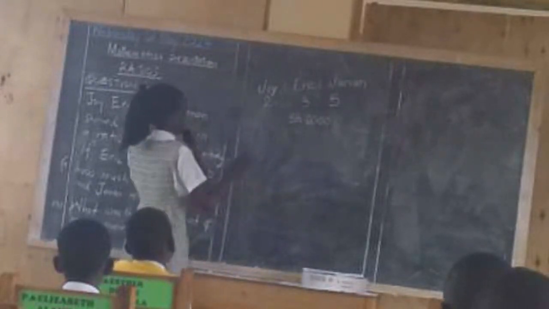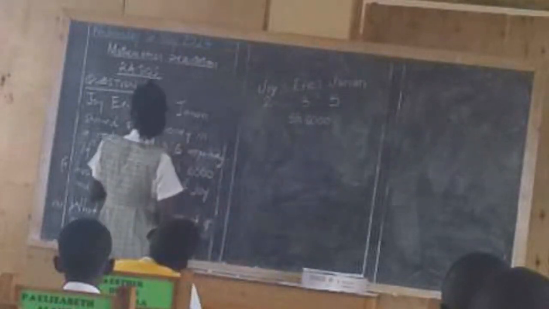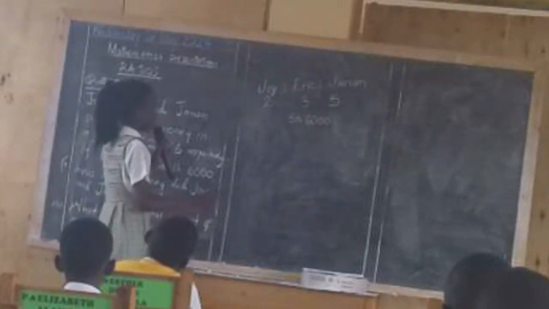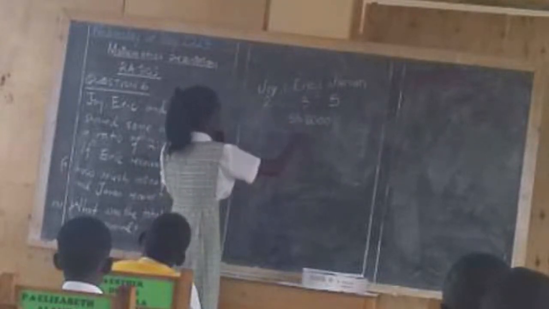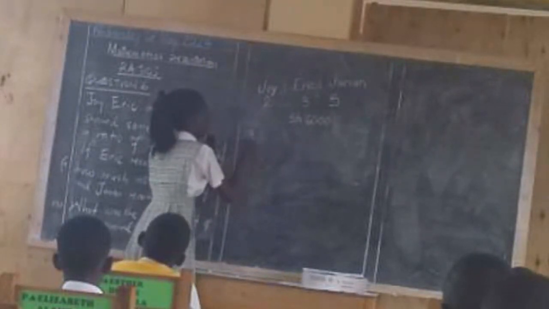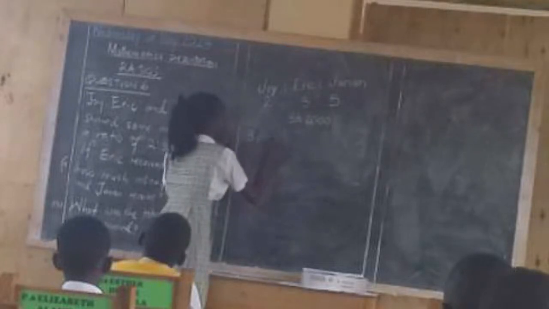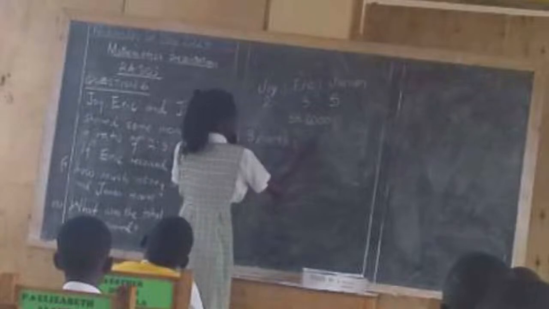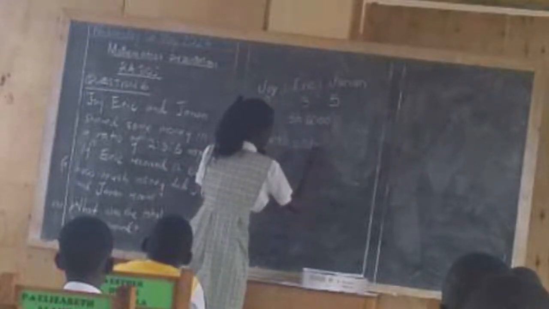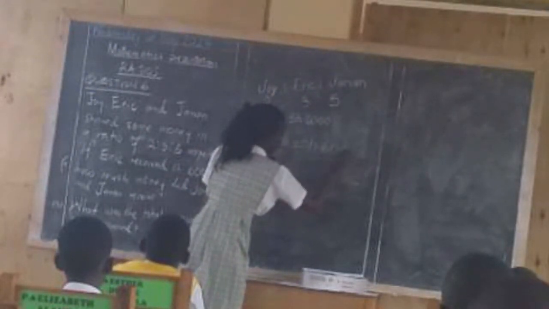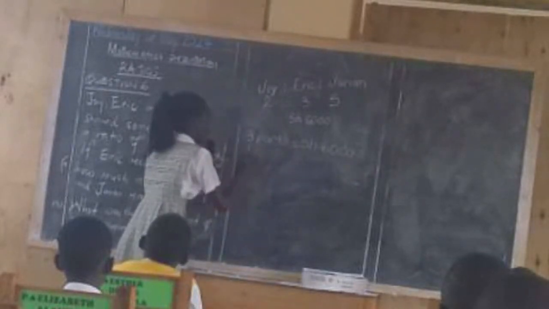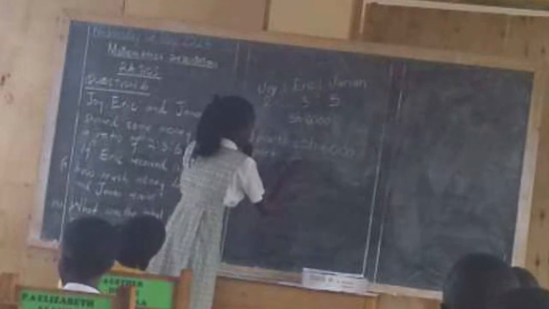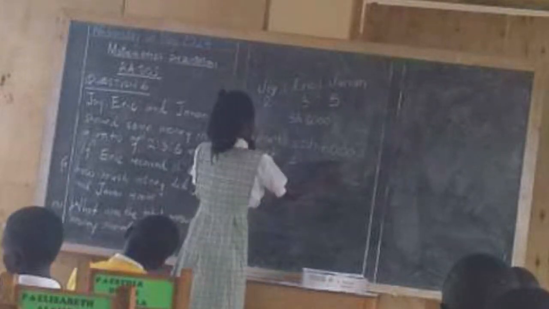So now, since they have asked how much money Joy and Janan received, we're going to first find one part. We say 3 parts are equal to 6,000 shillings. Then we say 1 part is equal to 6,000 shillings divided by 3.